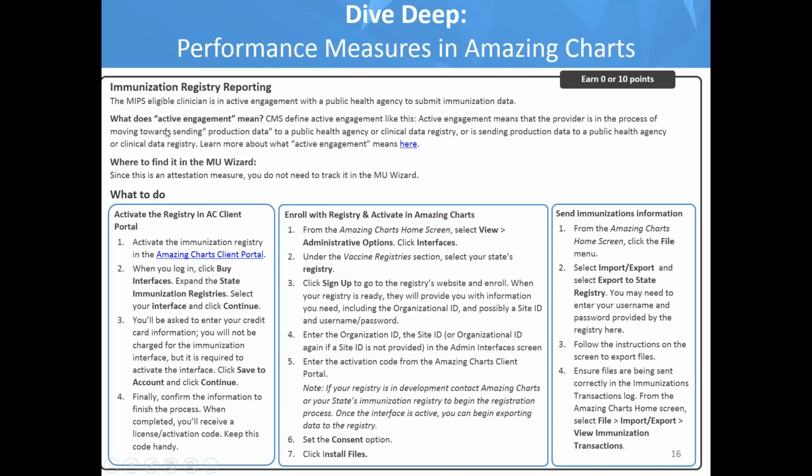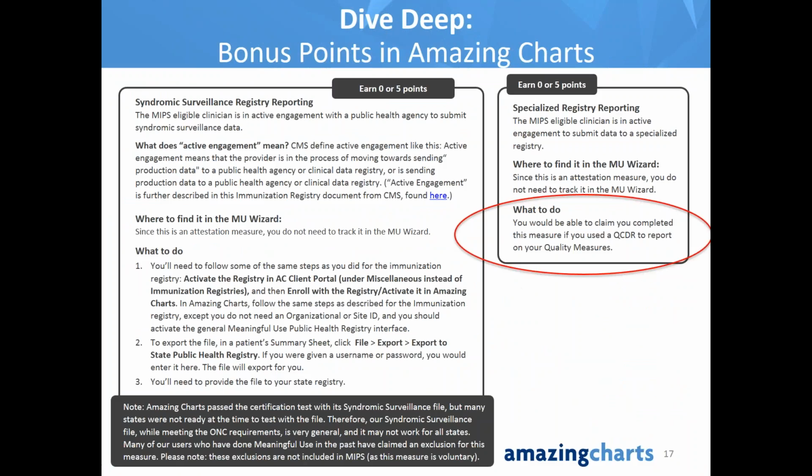So I also mentioned earlier the options for your performance points with participating in an immunization registry, as well as the syndromic surveillance and specialized registry reporting. Now, one thing to note, the specialized registry reporting includes QCDRs.